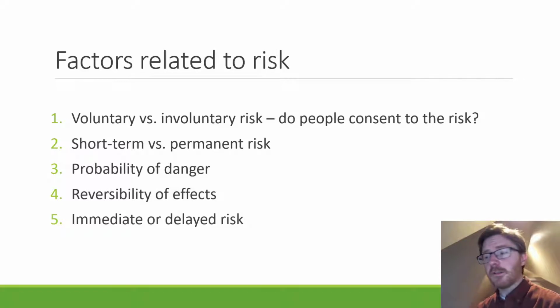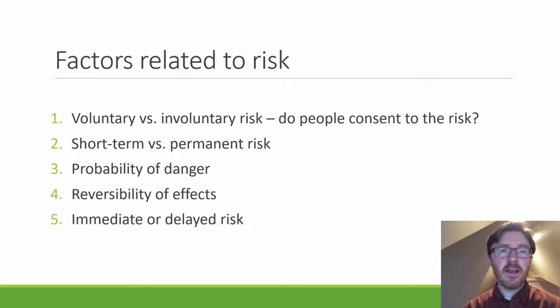And then immediate or delayed risk. This is a factor that will occur to various levels in various cases. One case that we might look at is cell phones. If we look at the claims that some have made that cell phones could be harmful to your brain, could cause cancer, things like that, we don't have very solid data on that happening.